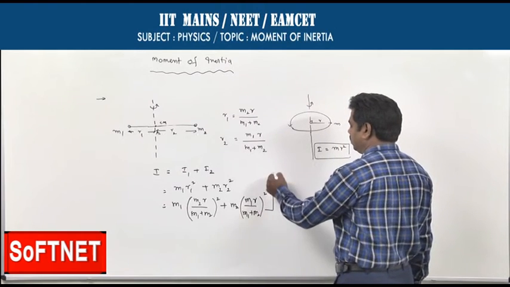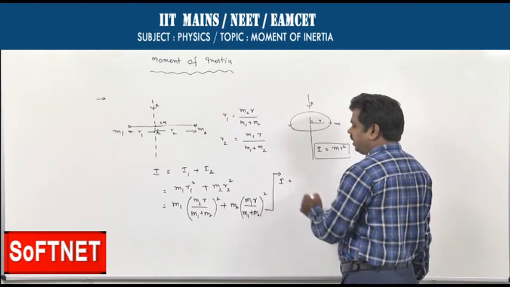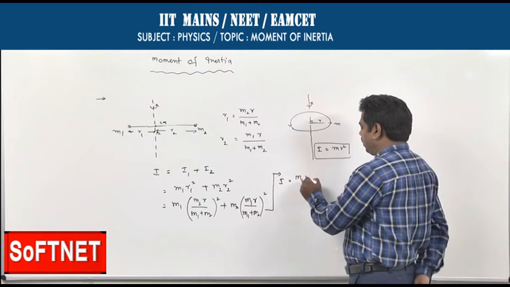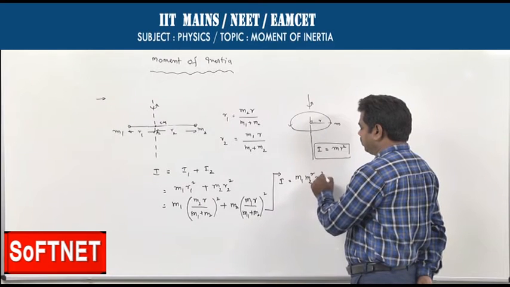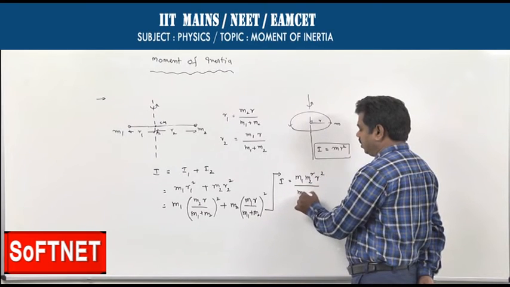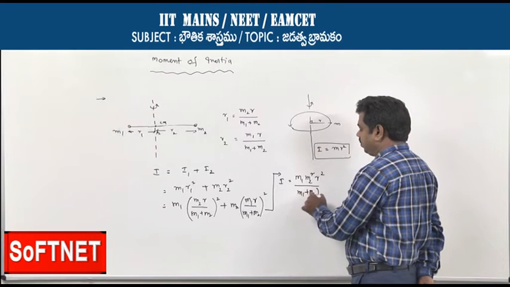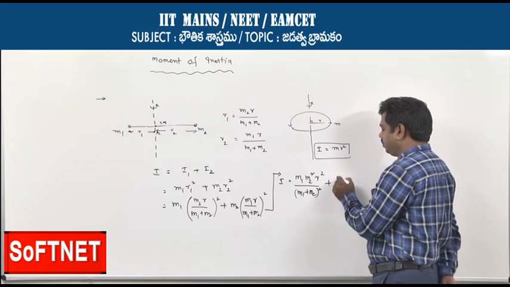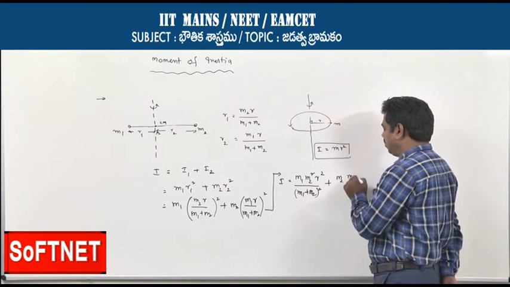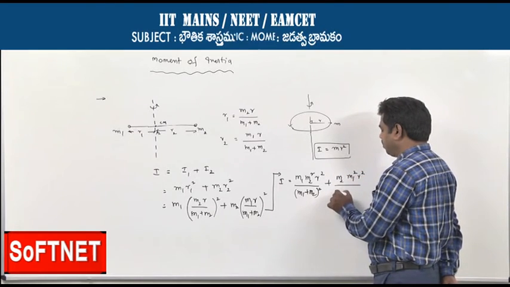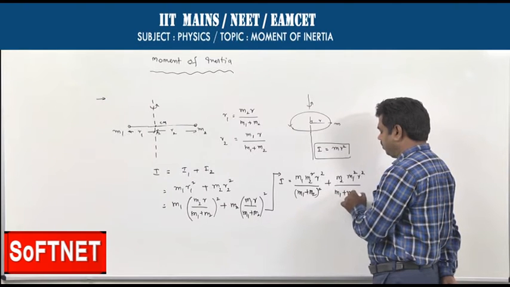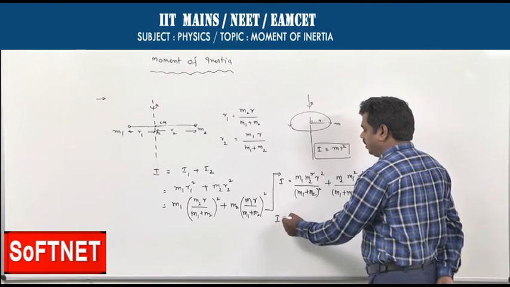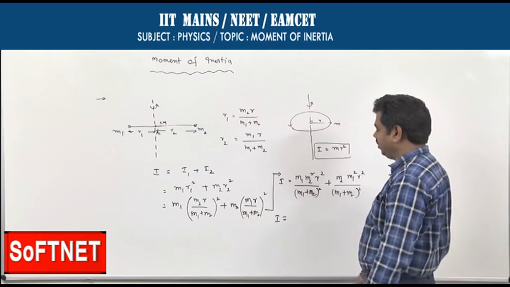From this, I is equal to m1 m2 square r square by m1 plus m2 whole square, plus m2 m1 square r square by m1 plus m2 whole square. Now what can we take common here?